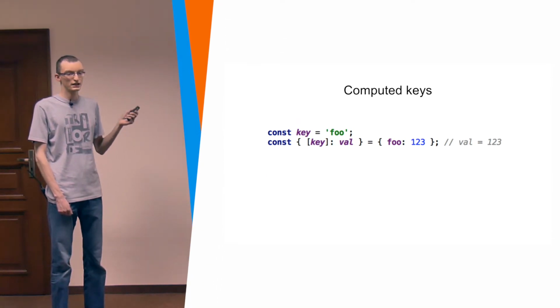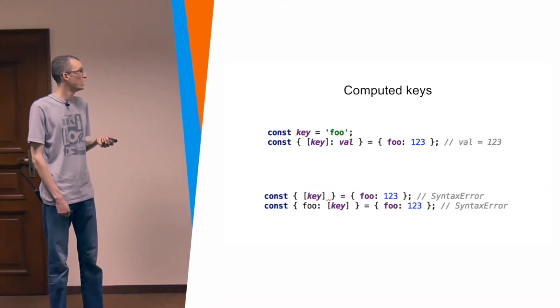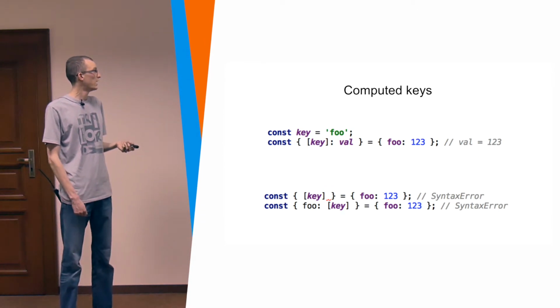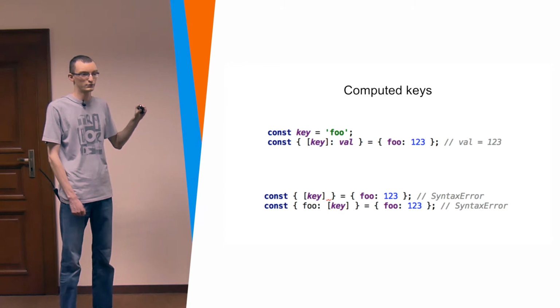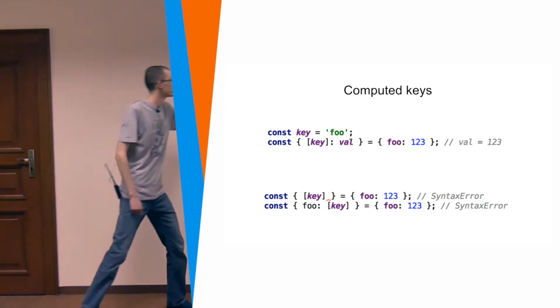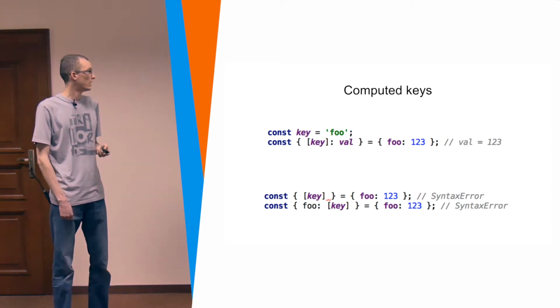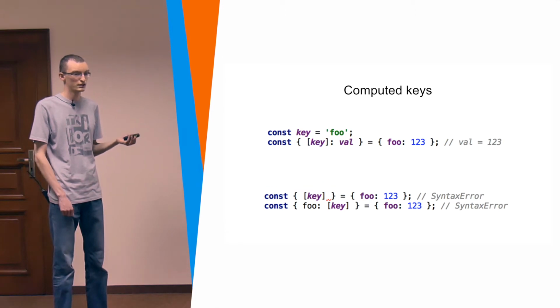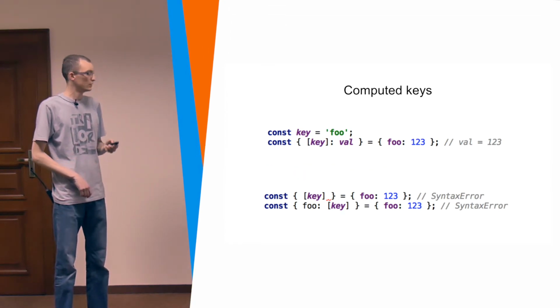But this method has some restrictions, so we cannot use the shorter syntax, and we cannot define a computed variable. We can only use it as the first argument, because we cannot define variables which are named as the result.